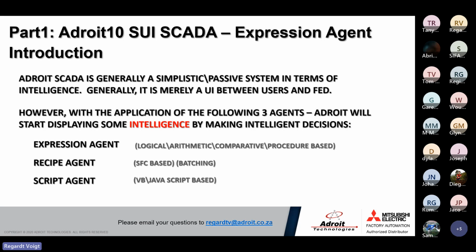That would be a logical, arithmetic, comparative, procedure-based operation. The recipe agent is more for batching purposes and sequential flowchart-based processing. And then a more advanced one would be your script agent, which uses VB and JavaScript-based syntax. So today we'll only look at the expression agent, but all three of these can provide additional intelligence to your SCADA.